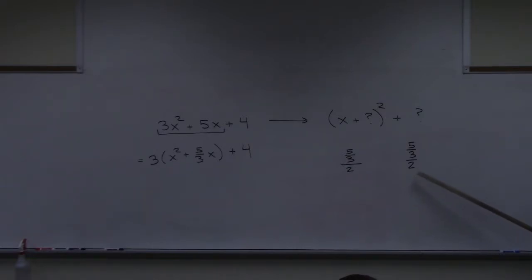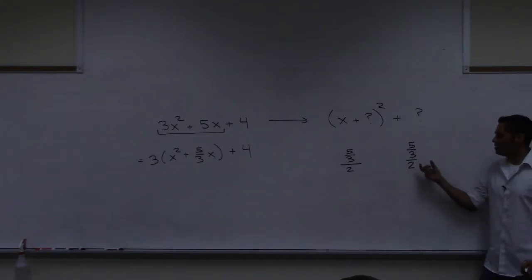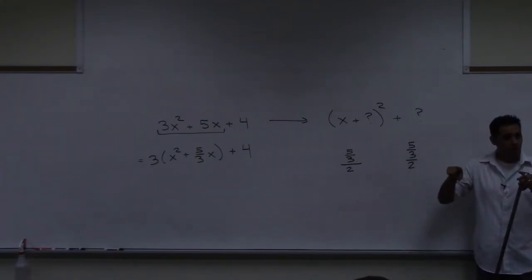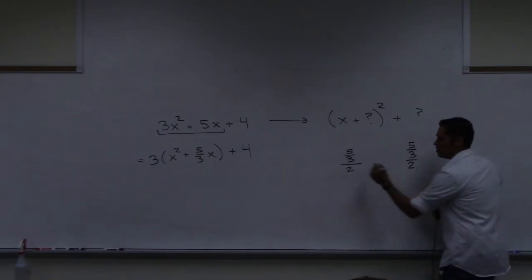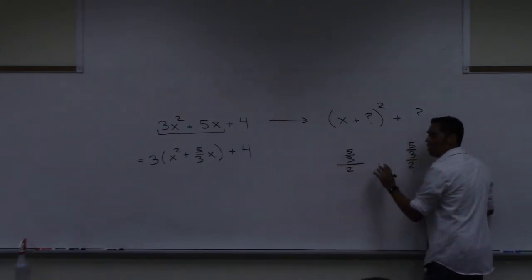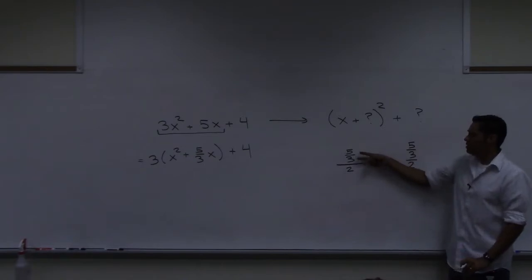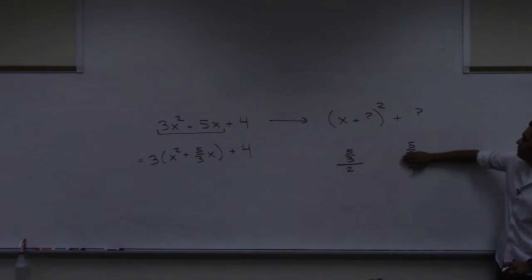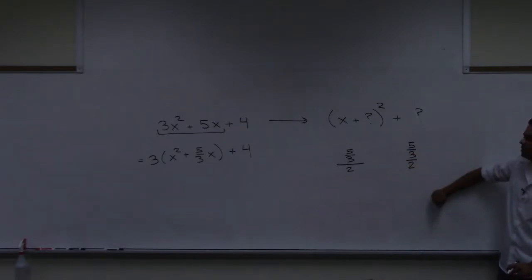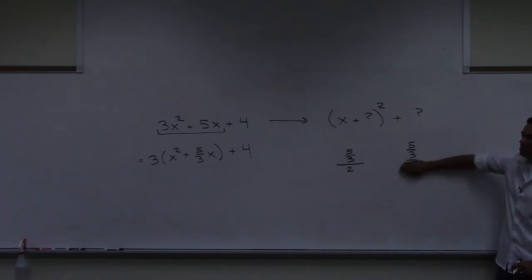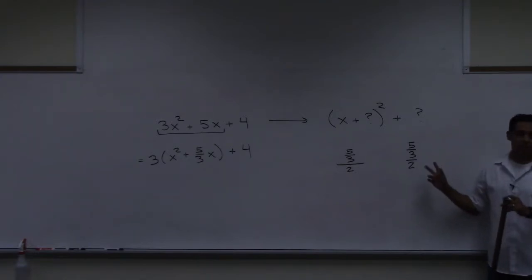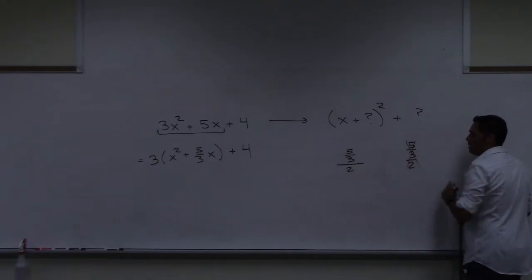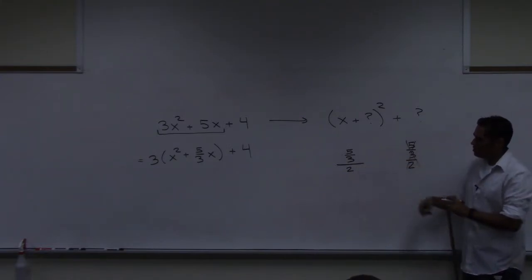You can't see the distinction in the line. You can't make a distinction between what's being divided by what. That's why some division bars are longer than others, because you need to be able to make that distinction. This division bar is intentionally longer so that you know you're taking 5/3 and dividing it by 2. Here, you could be taking 5 and dividing it by 3/2, or you might think it's 5/3 divided by 2, and they don't give you the same answer. So you have to make a distinction. So this is bad. We're taking 5/3 dividing by 2.